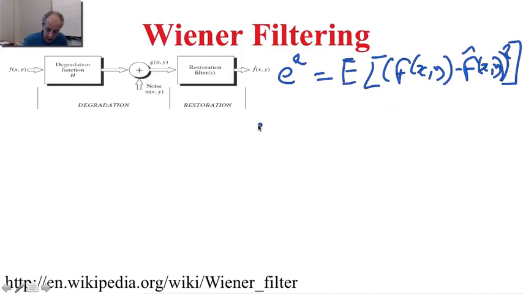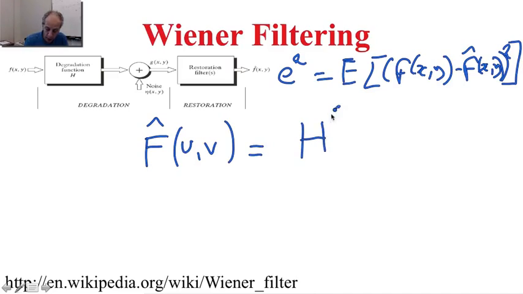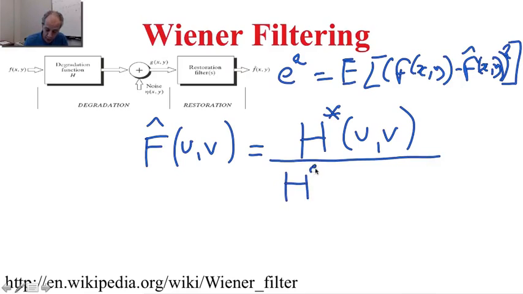So basically, the Fourier transform of the reconstructed signal will be, and I'm going to write it down and explain what I'm writing, the complex conjugate of the Fourier transform of the filter that we have estimated as we have described in the previous videos, divided by basically the magnitude squared of this filter that we have estimated.